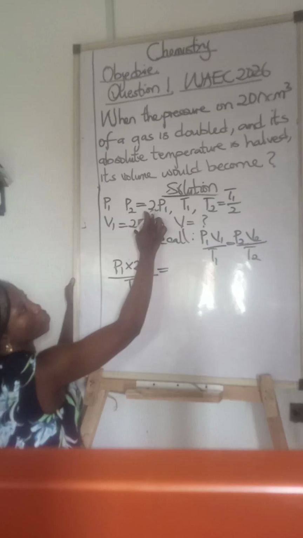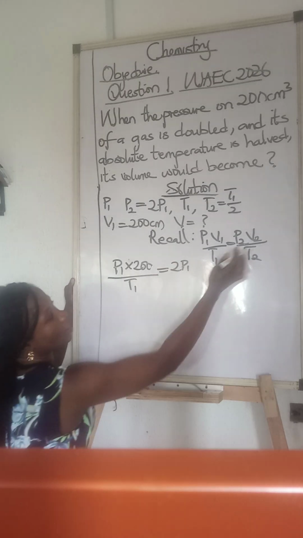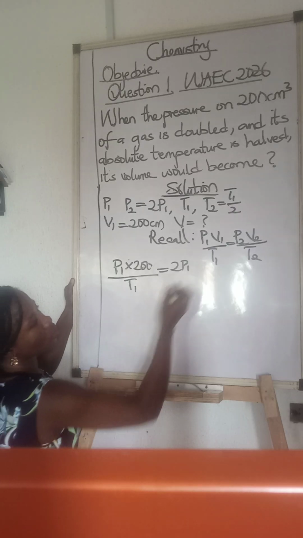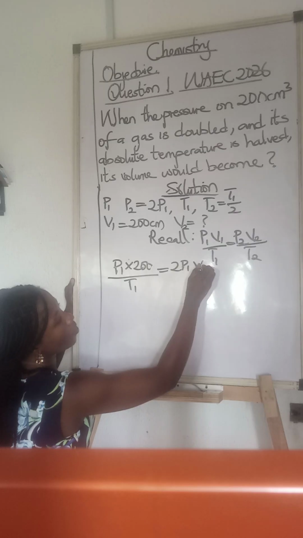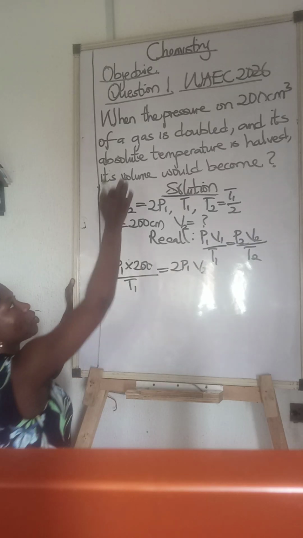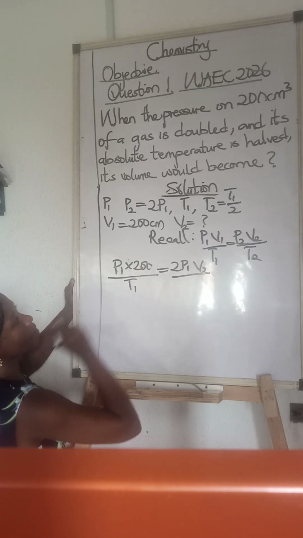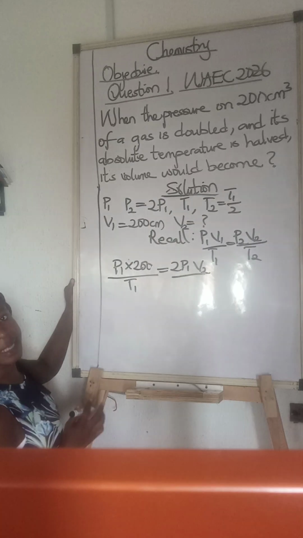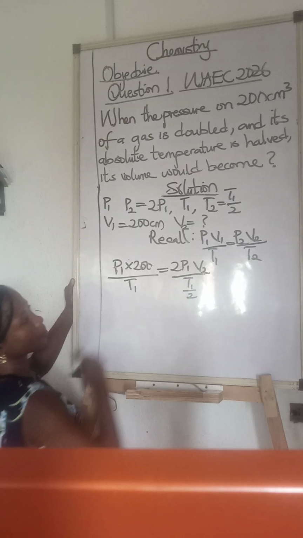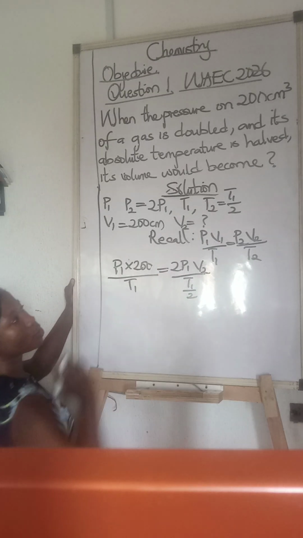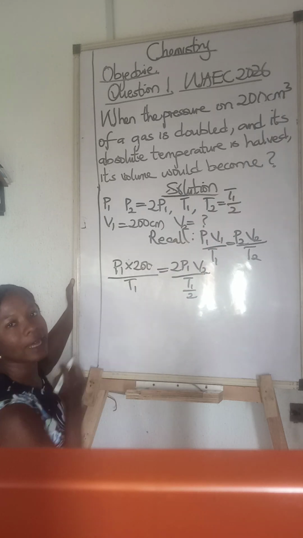What is P2? P2 is 2 of P1. V2, what is V2? V2 is what we are looking for. It's what the question asks us to look for. T1, here is T1. T2 is half of T1, which is T1 over 2.